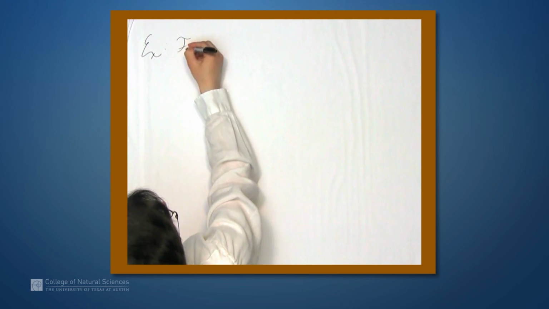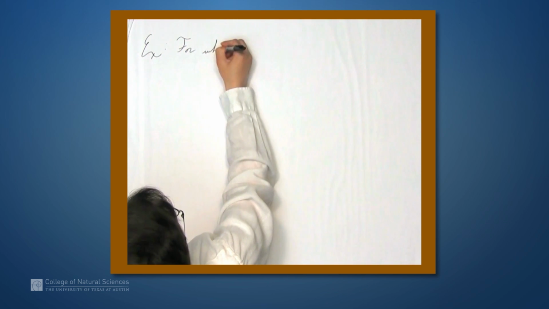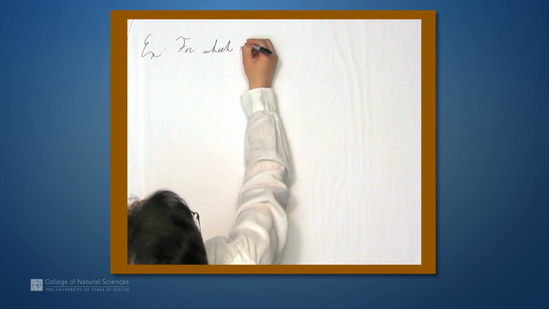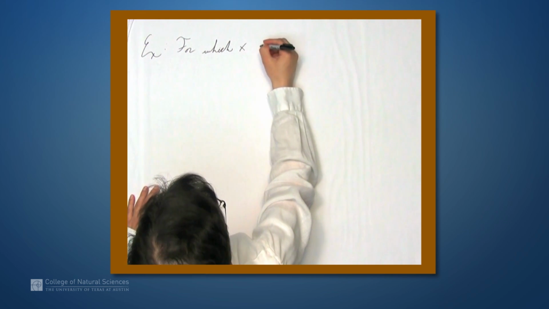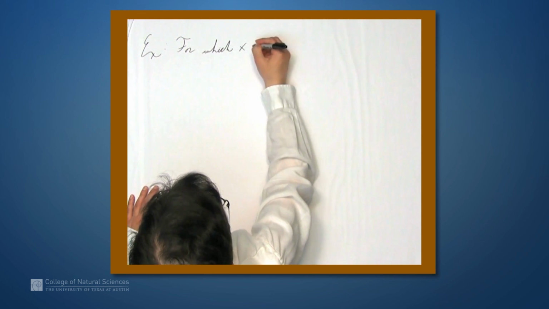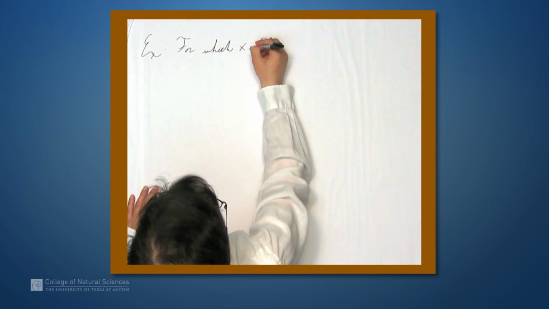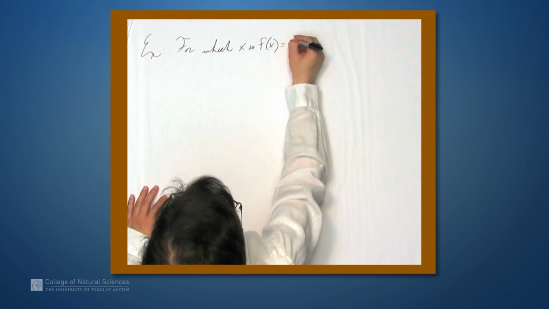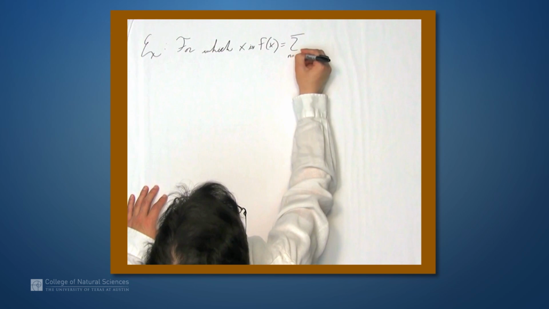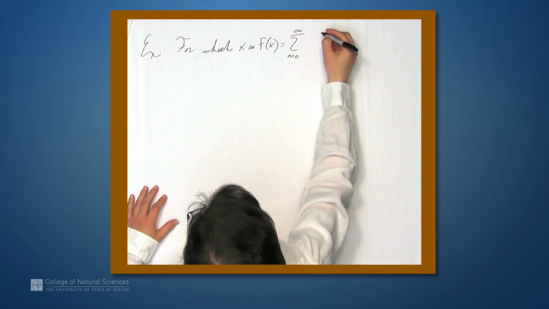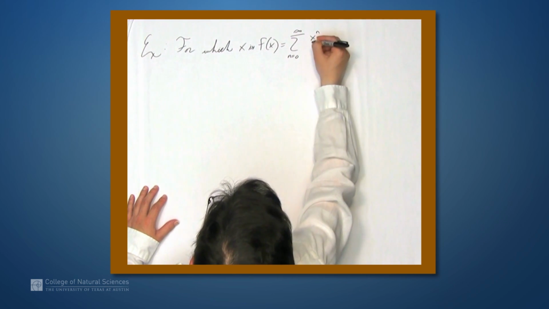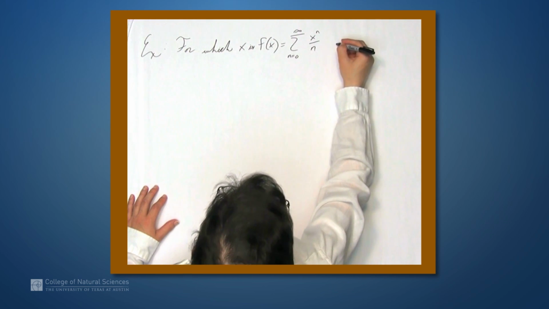So let's find for which values of x, so for which x is f of x equal to the sum from n equals 0 to infinity of x to the n over n defined.